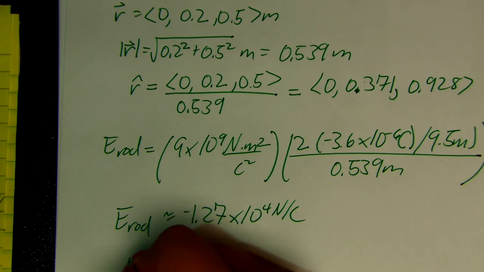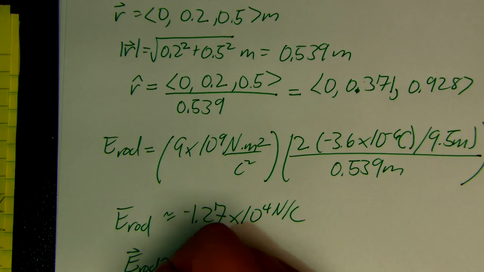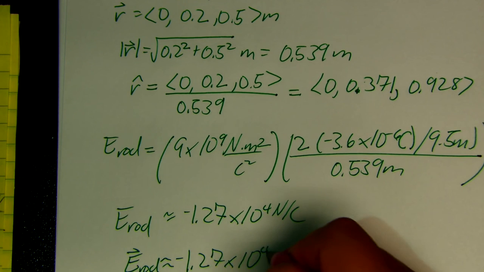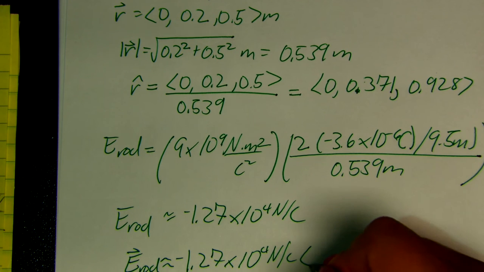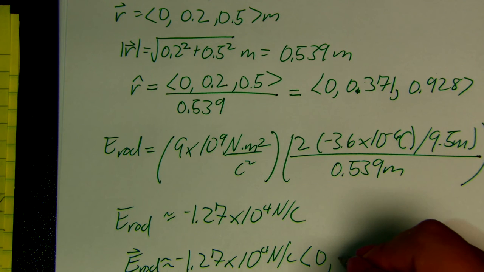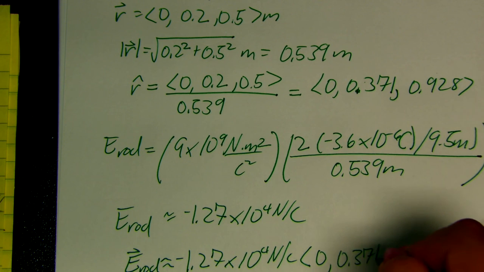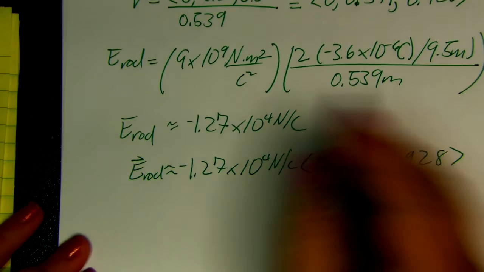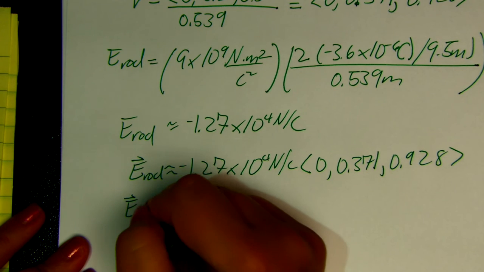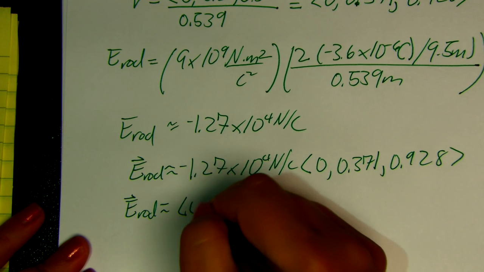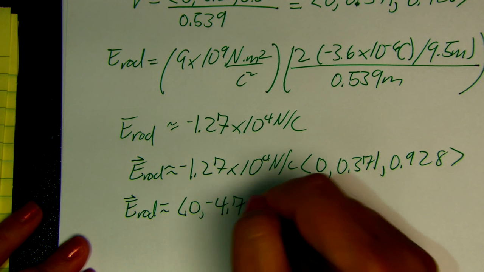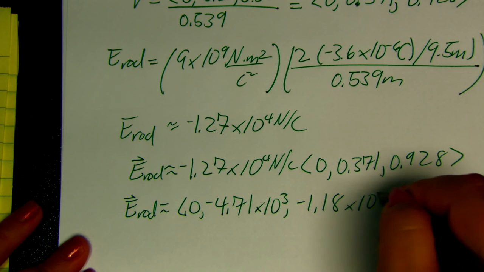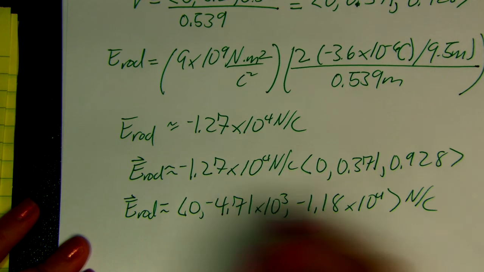And to get the field of the rod as a vector, we need to multiply the scalar component by the unit vector, 0, 0.371, 0.928, and you get the electric field of the rod is approximately 0, minus 4.71 times 10 to the 3, minus 1.18 times 10 to the 4 newtons per coulomb.